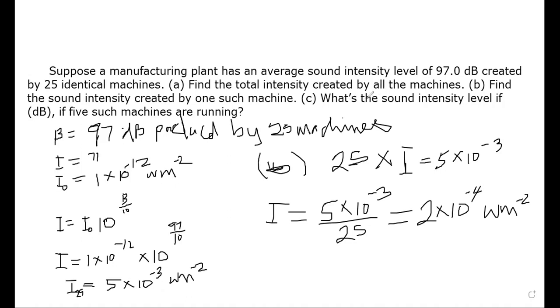So what's the sound intensity level in decibel? So when we multiply this I by 5, it will give us the intensity, which we are also going to use to generate the value for the sound intensity level.